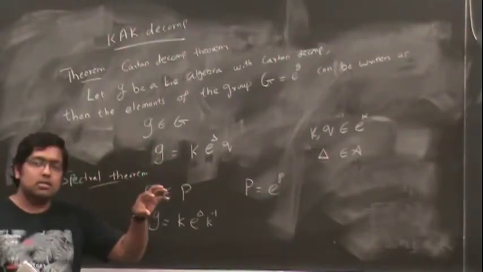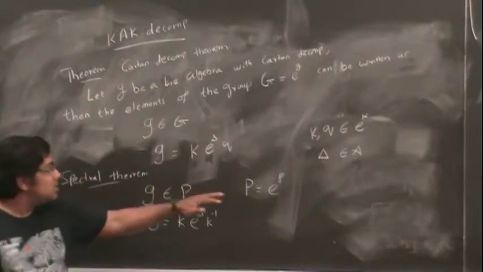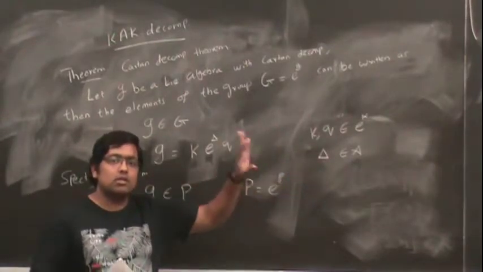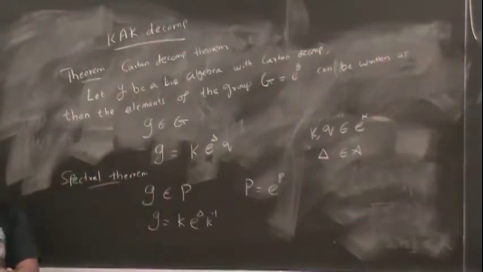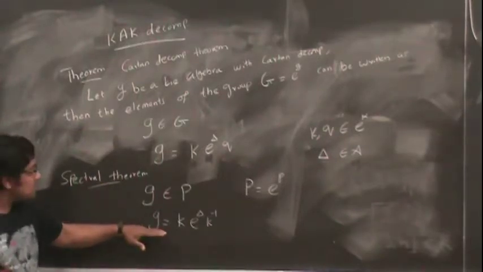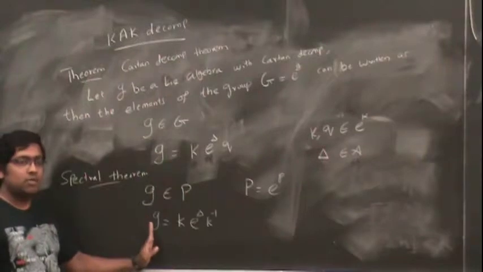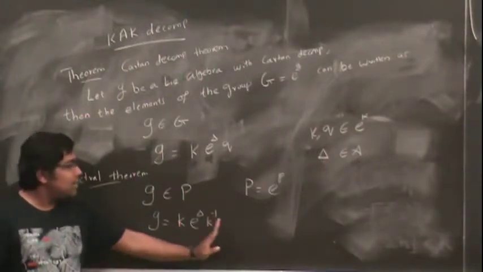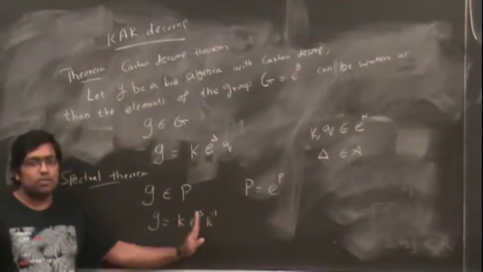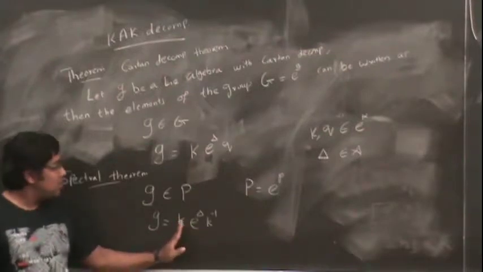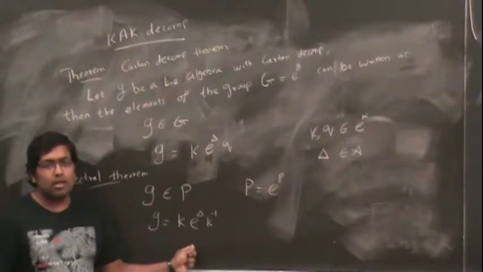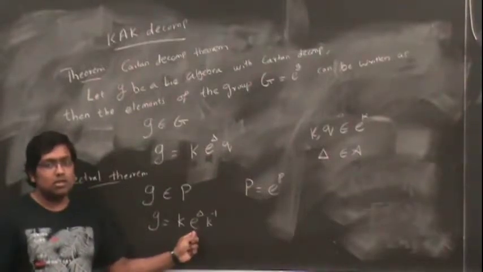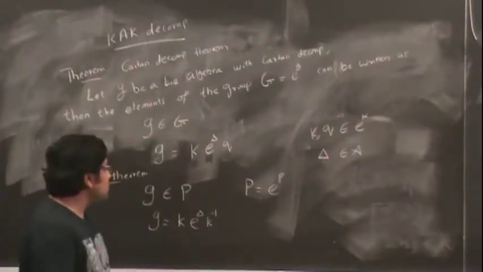So e to the iH is like K here, which is the special unitary group. And then you have Hermitian matrices, which are in P. So if you have a Hermitian matrix, you can diagonalize it using unitaries. So you can diagonalize any element in P using an element in K.